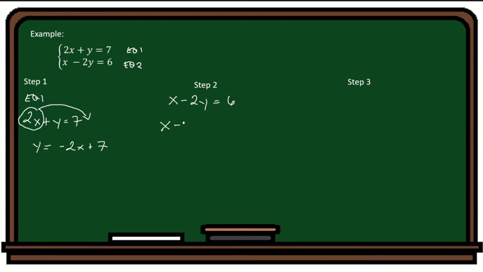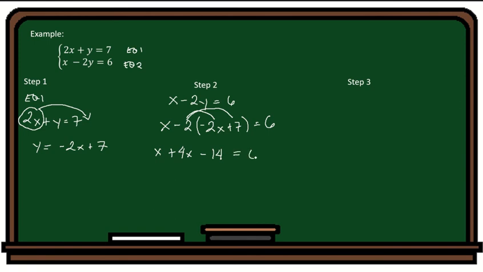So we have x minus 2 times negative 2x plus 7. Observe, our y is now equal to negative 2x plus 7. After this, we will distribute the numerical coefficient of y, which is negative 2. Negative 2 times negative 2x, we have positive 4x. Negative 2 times positive 7, we have negative 14.